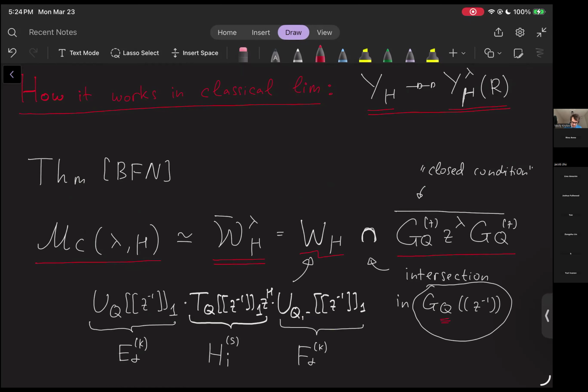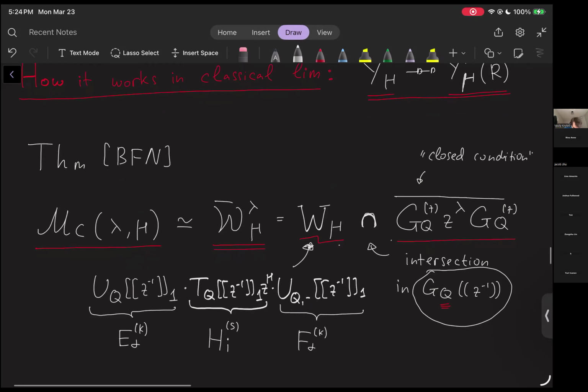And in this space, we're considering the intersection of two things. One of them, this W mu, has the following structure. As a space, it's just literally a product of the following things. It's like a Gauss type decomposition, but with a mu shift in it.